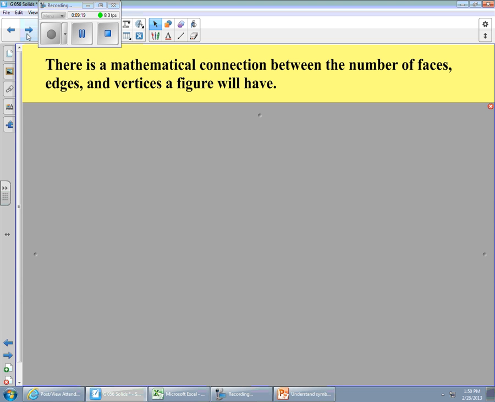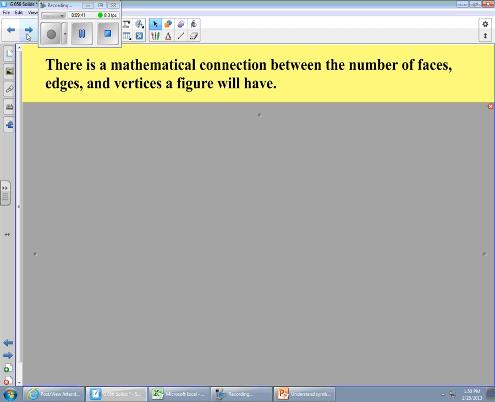Now, here is something that is new. If you've been through geometry before, you definitely need to pay attention to this because this is a demand they have never put onto geometry students before. There's a mathematical connection between the number of faces, the number of edges, and the number of vertices.